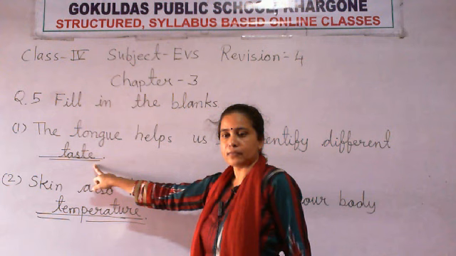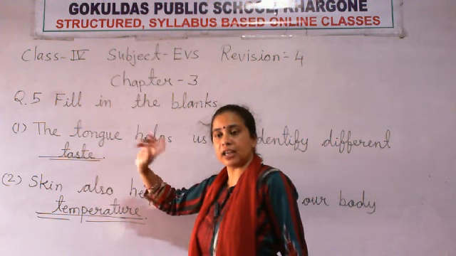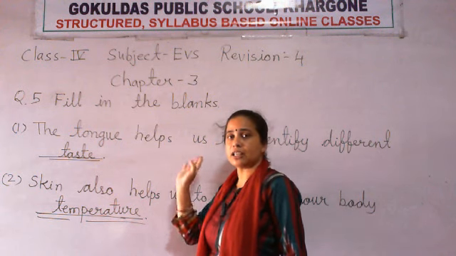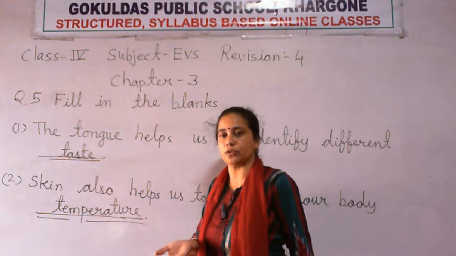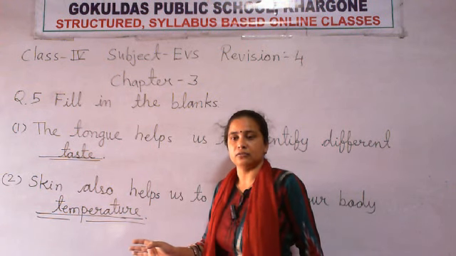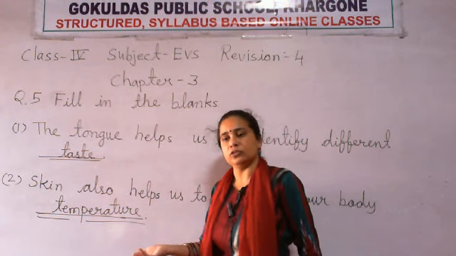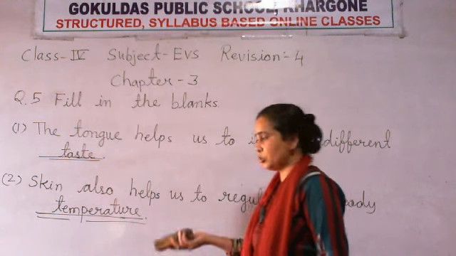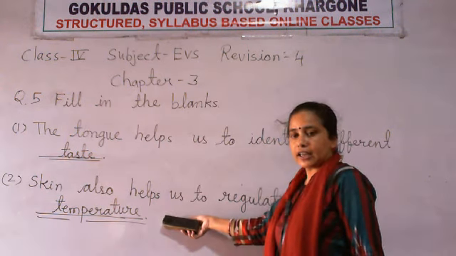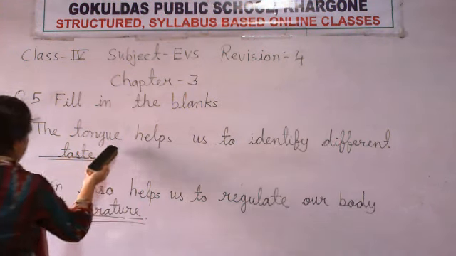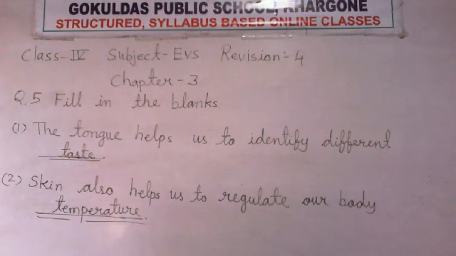Means you read the sentence and think about the meaning of the sentence, and you fill in the correct word. We never give you any options. If I give you, it's okay. You read and choose the correct word and fill there. Okay, this is 1 and 2.